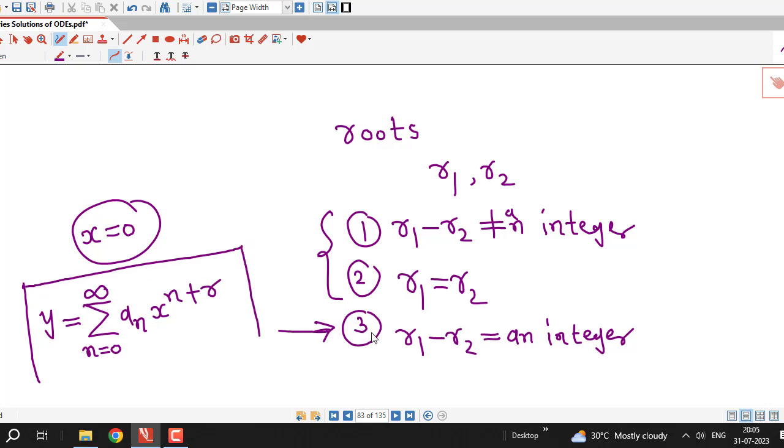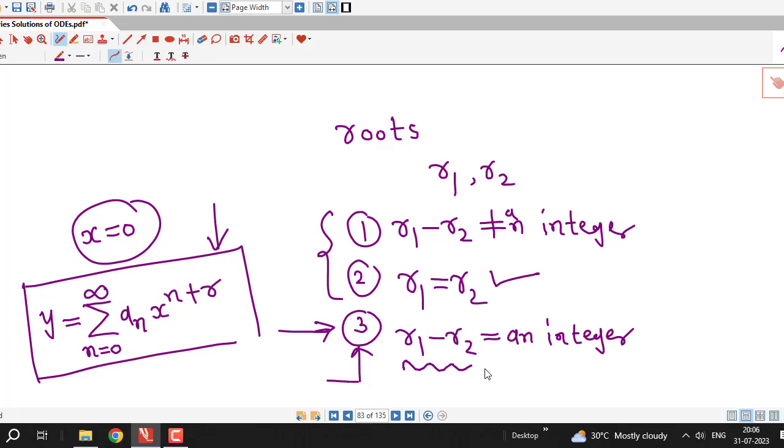In this third case, we will obtain the second solution by the method of reduction of order. In case 2 also, we obtained the first solution using this form, and we obtained the second solution using reduction of order.